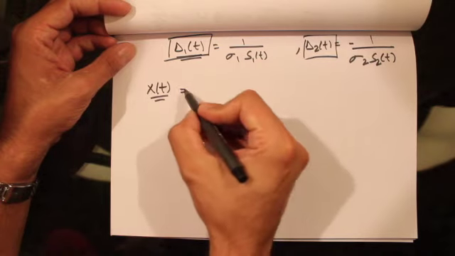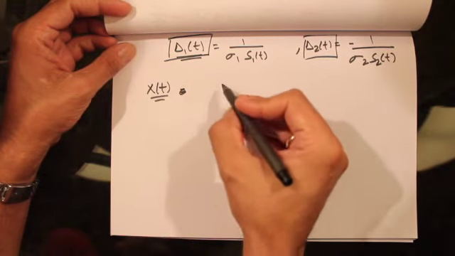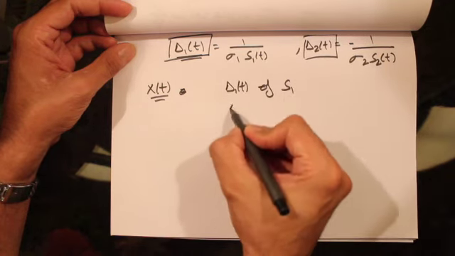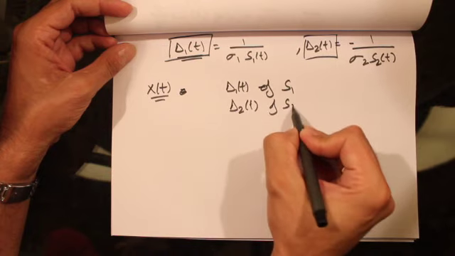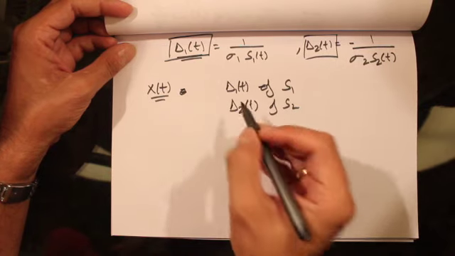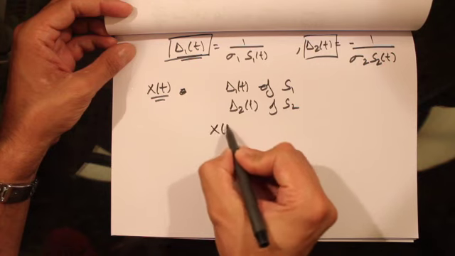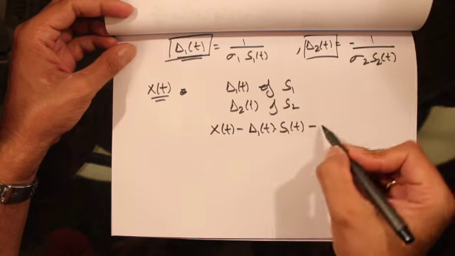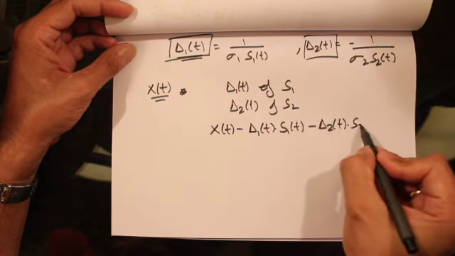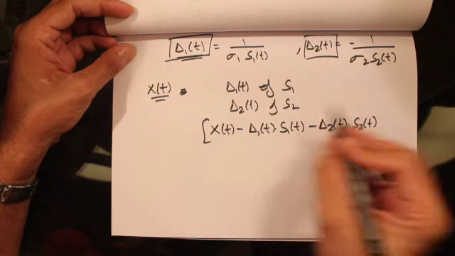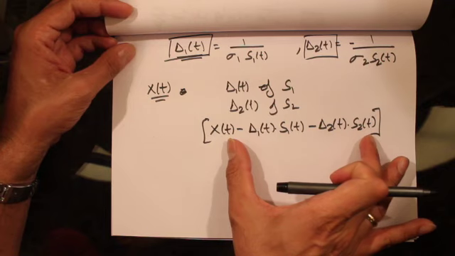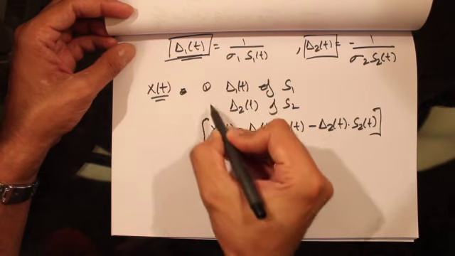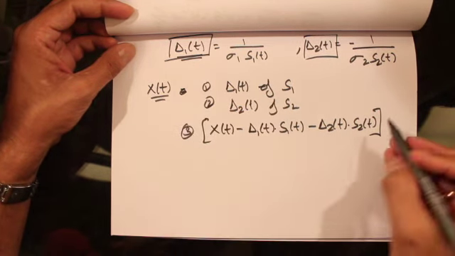So at any point t, we will have delta 1 of S1, delta 2 of S2, and after investing money in this, we'll have X_t minus delta 1(t) times S1(t) minus delta 2(t) S2(t). This would be the money that's going to be left with us, which we're going to invest in a money market account. Okay, so we have these three positions: position 1, position 2, and position 3. This is a money market account.